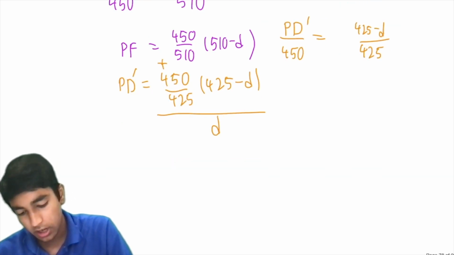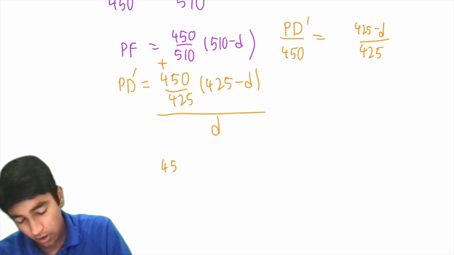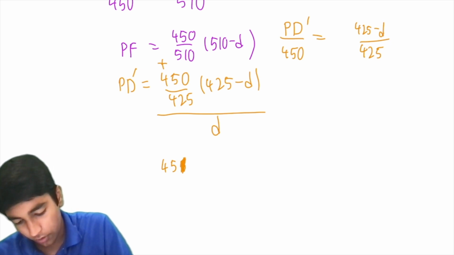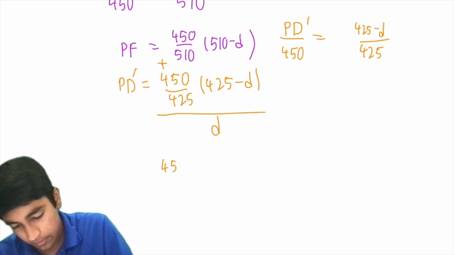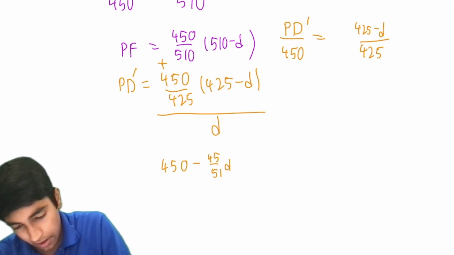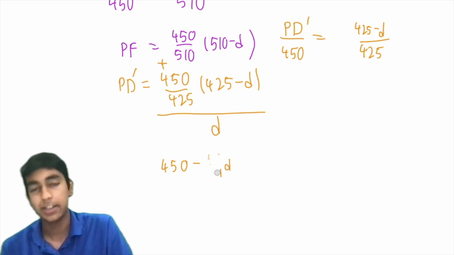So then we can just expand a little bit. 450 over 510 times 510 minus D. That's just 450 minus 445 over 51D, which simplifies to 15 over 17D, right?